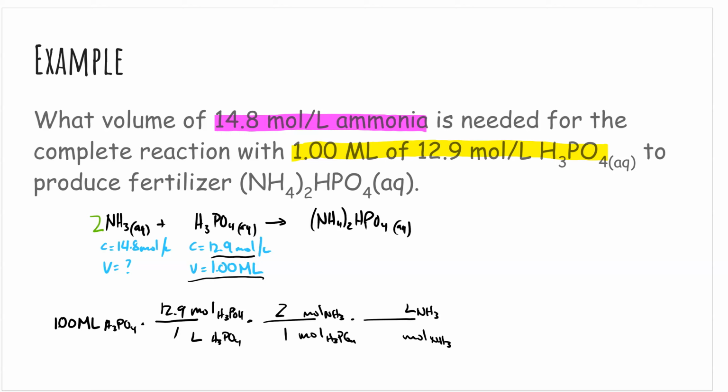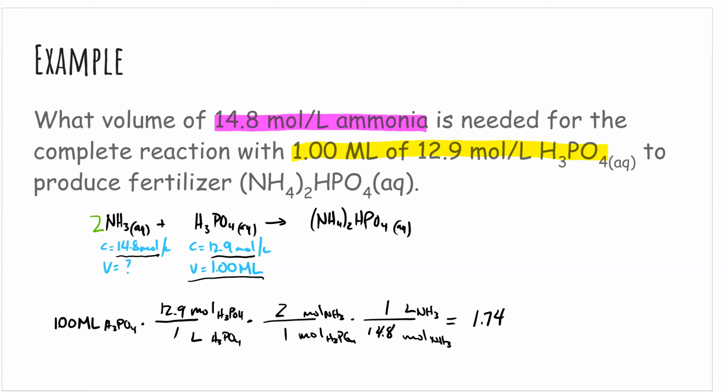And that is my concentration again. Now, this says 14.8 moles over 1 liter. So 1 liter and 14.8 moles. I get my calculator out and I solve, which turns out to be 1.74.